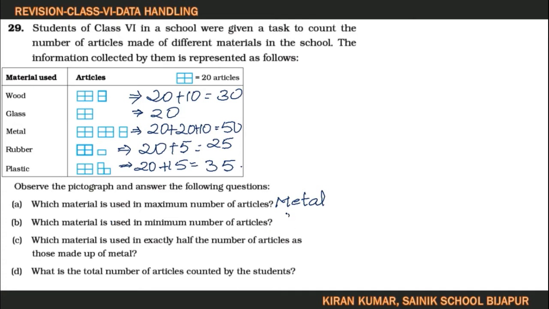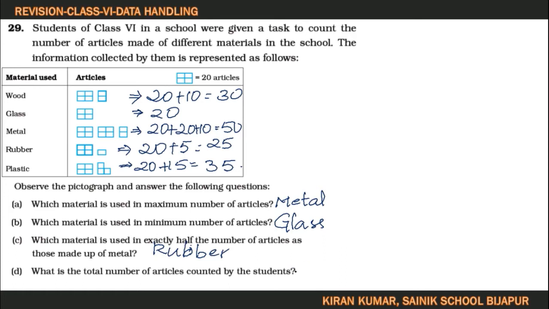Here it's glass because it is 20, which is smaller in number compared to others. Which material is used in exactly half the number of articles of those made up of metal? Half is rubber, it's 25, which is exactly half of 50. So the rubber is used half of the time of the metal used.